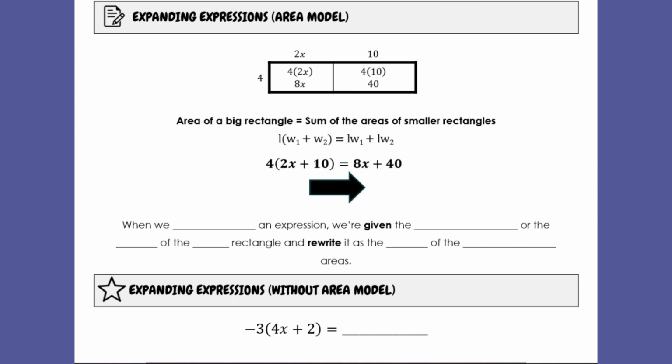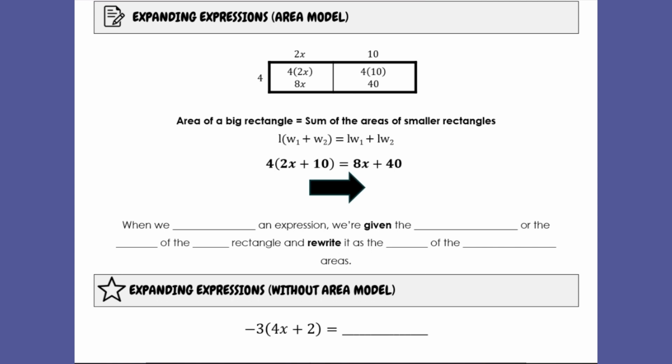They're both equivalent. And so the length times the width of the large rectangle is equal to the length times the width of the first smaller rectangle plus the length times the width of the second rectangle. So both of these are equivalent expressions. They both can represent the same problem, okay?